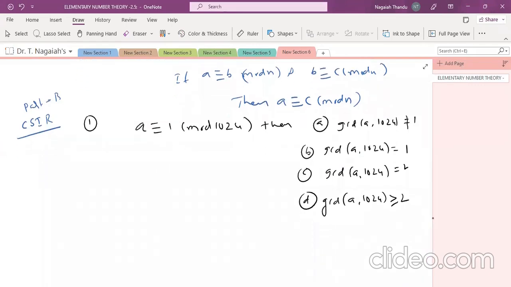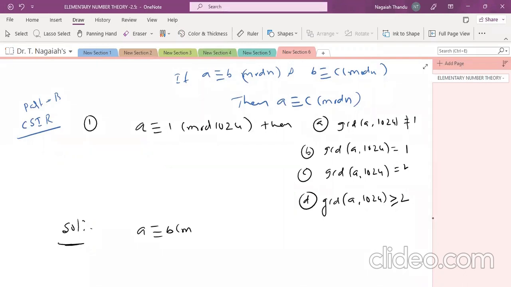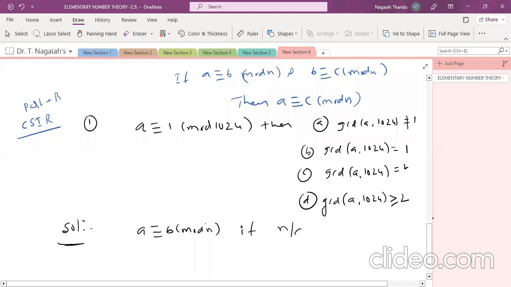This problem is based on the congruence relation. a is congruent to 1 modulo 1024. Look, it is a very simple question. Already we know that in general, a congruent to b modulo n exists if n divides a minus b.